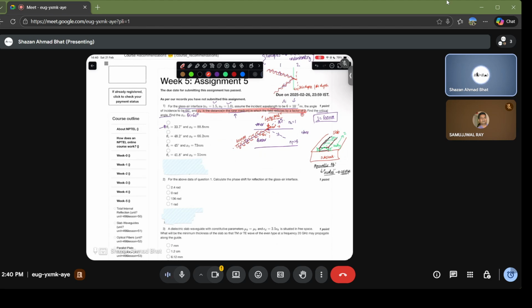That means if this was the amplitude, let's say I, then we need to find x naught such that the intensity or amplitude becomes I by 2. So that's the problem which we need to solve.